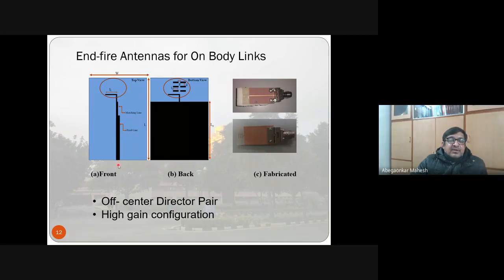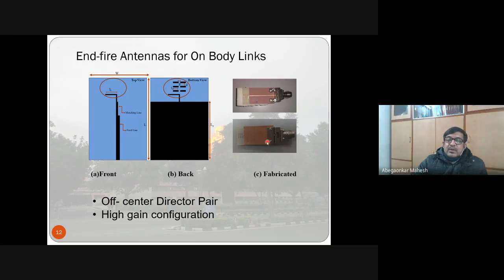Let's say typically the feed line is 50 ohms, and the antenna input impedance is 100 ohms. This matching line is usually a quarter wavelength long, and the impedance is the square root of 50 into 100. So that is the impedance. As the impedance increases, the width of the line decreases. So this feed line is wide as compared to these two lines. The impedance of a wider line will be less as compared to the impedance of a narrower line.